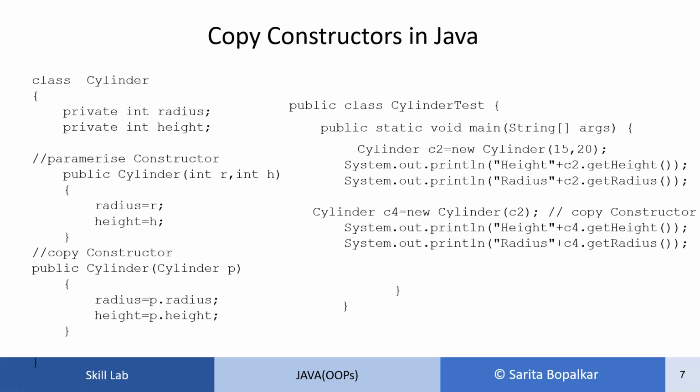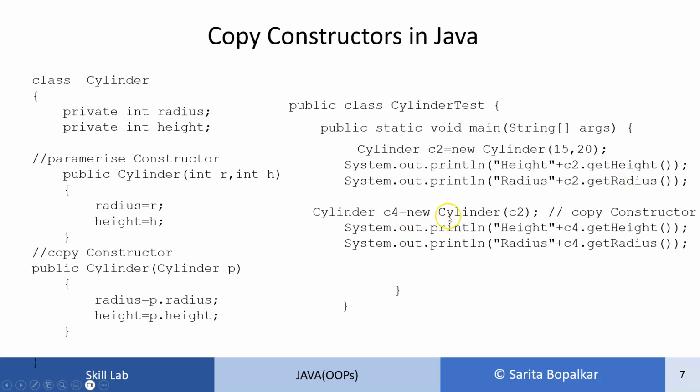Let's see how. Here is the application class, where there is a static void main function. Now I will create the object, Cylinder C2 = new Cylinder. Here I am passing two parameters, which means it will call this parameterized constructor. So this C2 is one of the objects. You can check its values, what its height and radius are.